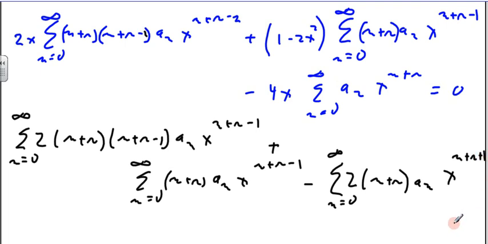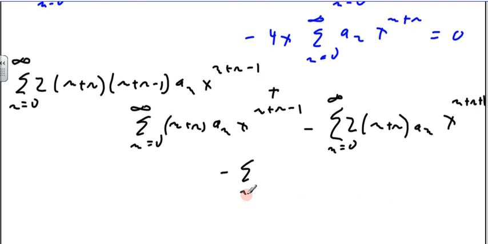So that's pretty weird. And then we still have another minus summation n equals 0 to infinity 4 a n x to the n plus r plus 1 is equal to 0.